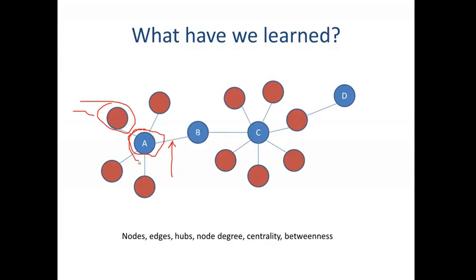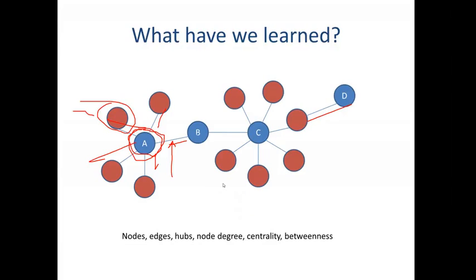This would be called a hub node, and that means that it's not just connected to one particular target, but rather connected to 1, 2, 3, 4, 5 different other nodes. So it's a hub node, and it has a node degree. In this case, the number of interactions would be 1, 2, 3, 4, 5. So you can talk about the degree to which a node is connected as node degree.